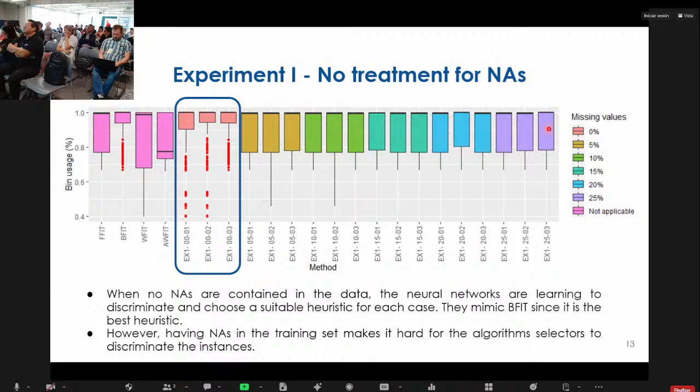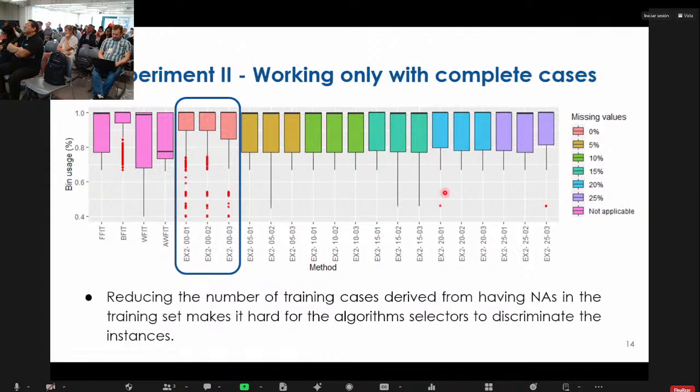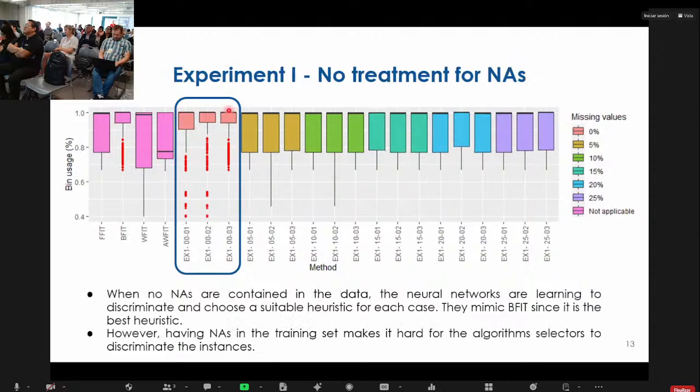Because machine learning selects things in a random way, this part is different, but it's only because of that. They are trying to mimic the best heuristic, and here, as I mentioned, the first heuristic.